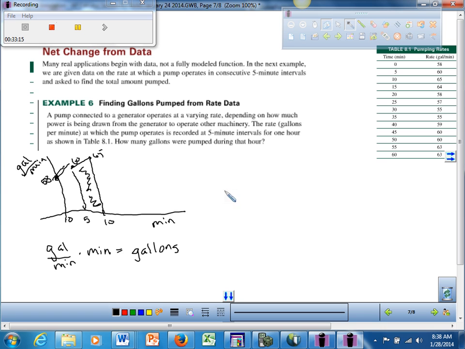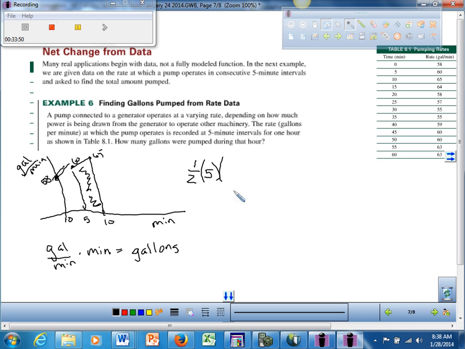Well, I don't have a function, so what do I have to use? Trapezoidal. Thank you, sir. Trapezoidal. We have a 1/2. And what's the height of every trapezoid? 5. What if they were all different widths? Like something you may have seen at some point in your life. You have to do them individually, finding your trapezoids individually.